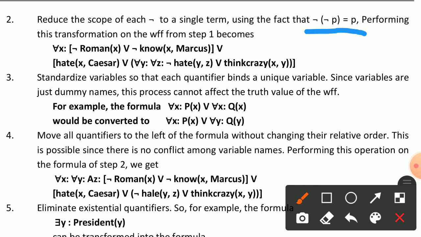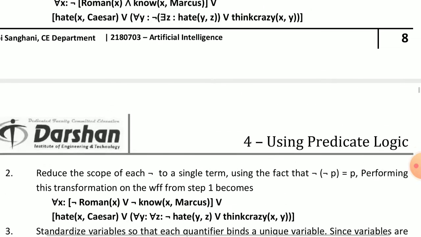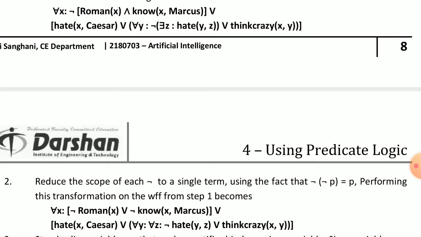From the first step, we get: for all x, not Roman(x) or not know(x, Marcus) or hate(x, Caesar) or for all y, for all z, not hate(y, z) or thinkcrazy(x, y). So what is the difference between the first and second step?